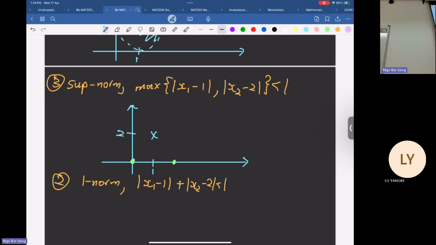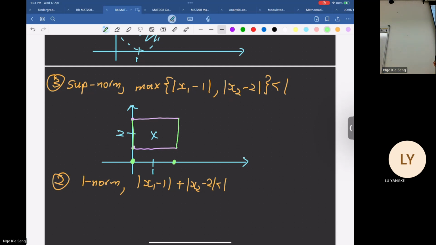Let me use another color. Here to here. So it could be everything here to here, and then everything from here to here.